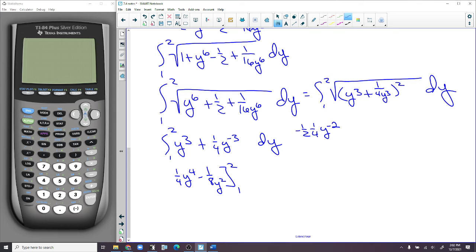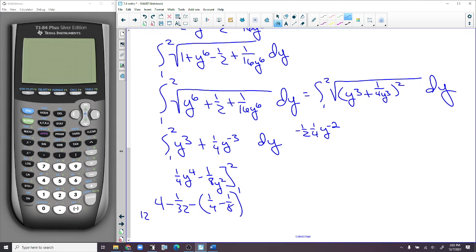So 16 divided by 4 is 4. Minus 1 over 32. Minus, plug 1 in, 1/4 minus 1/8.